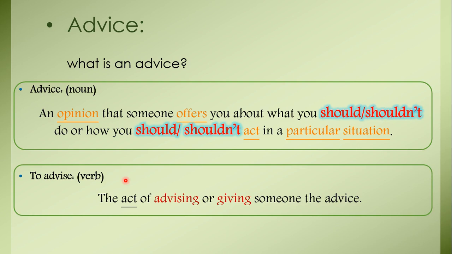The difference between the verb and the noun is only in the letter: the noun is written with C and the verb with S. To advise someone is the act of advising or giving someone advice.